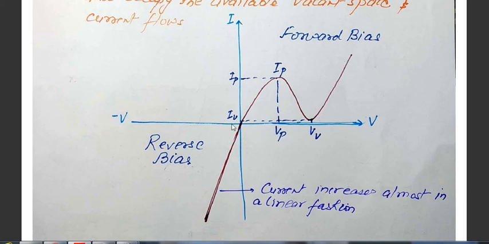And in reverse bias also we have seen that as we increase the reverse bias potential, our current is going to increase in a linear manner.